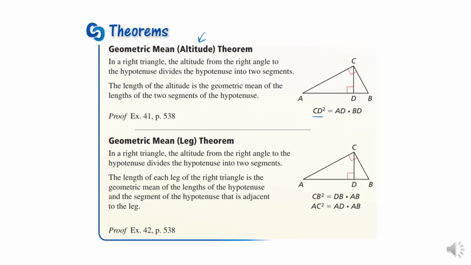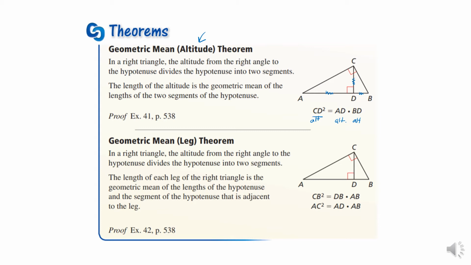In this case, it's saying CD squared equals, and this is the altitude. That's why it's called the altitude one. And then you're looking for the altitude of the other two. So all of these are altitudes. So you've got CD squared, that's this one, equals AD, that's this one, and BD, that's this one. So when you're looking at this formula, it's set up like that.